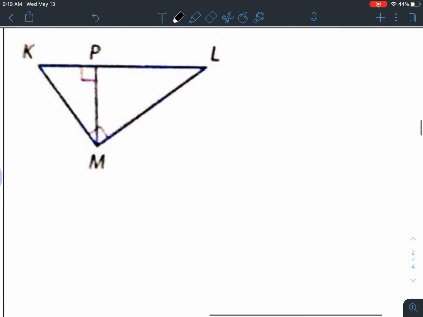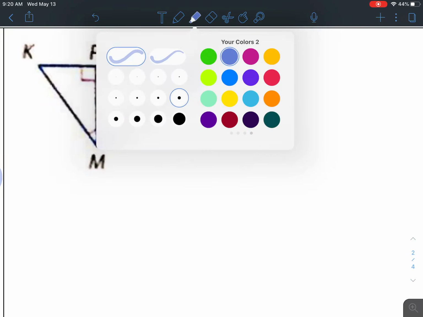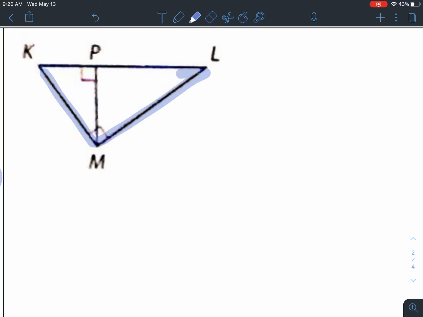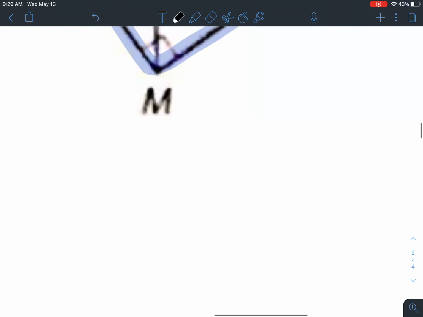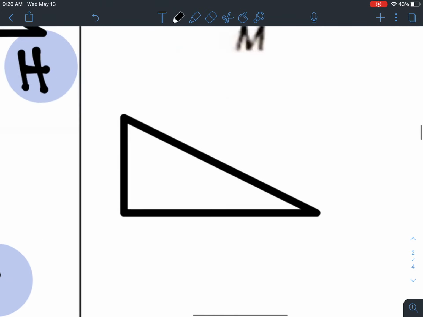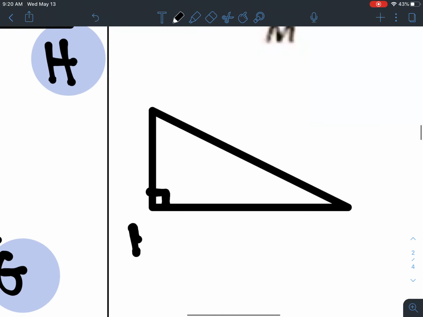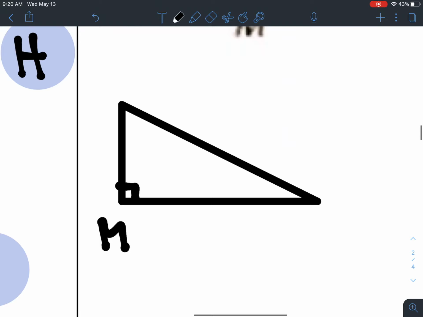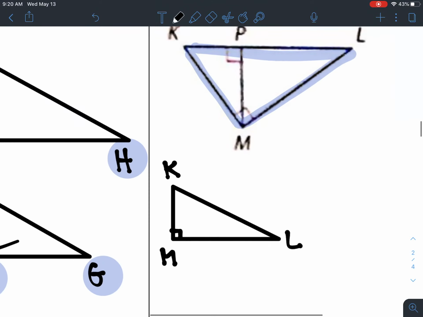So I'm going to, once again, start with this full triangle. So I have triangle KML, with M as my right angle. All right, I'm going to draw the smaller triangle in there now.